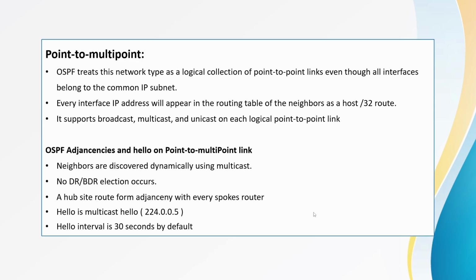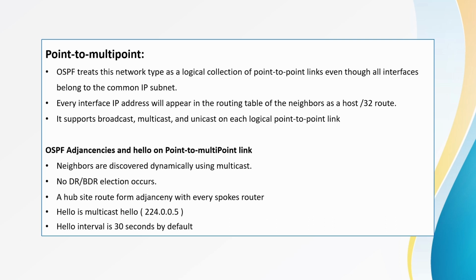So next we talk about point-to-multipoint. Point-to-multipoint is interesting. The router treats this network type as a logical collection of point-to-point links, even though all interfaces belong to a common IP subnet. So they treat point-to-multipoint as individual point-to-point links.